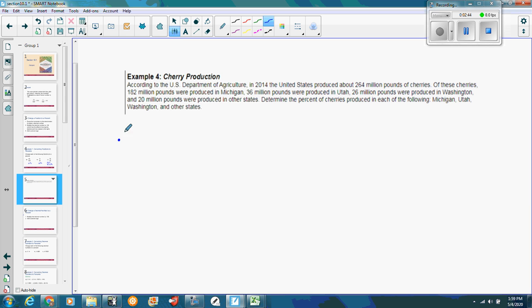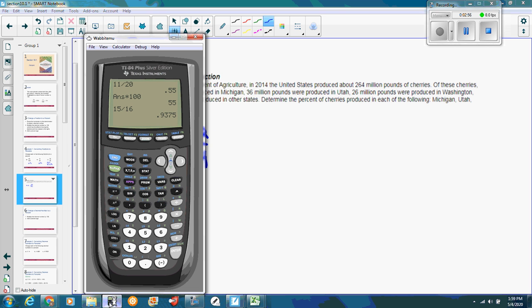Because they're both millions, you can drop all the decimals. So to do Michigan, they did 182 out of the 264. So you do 182 over 264. On your calculator, you're going to do 182 divided by 264. You can multiply it by 100 if you want, or just move it 2 places.